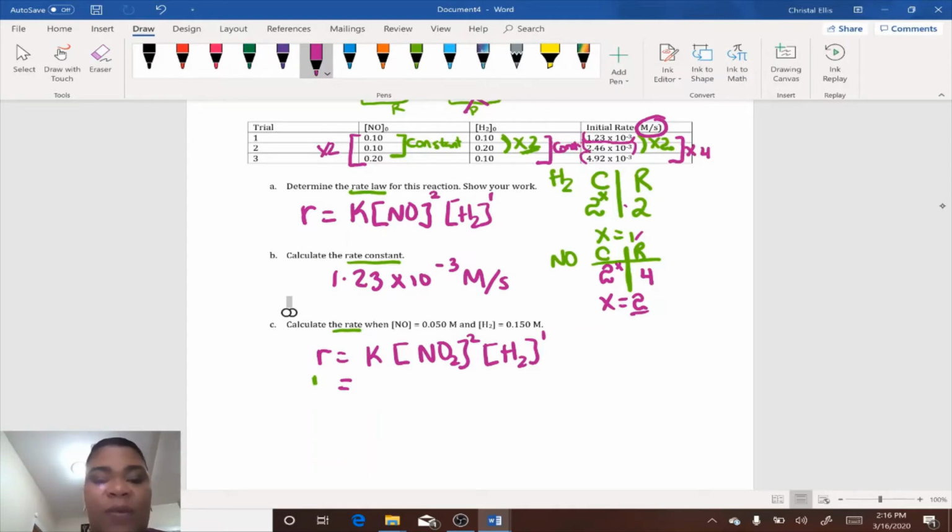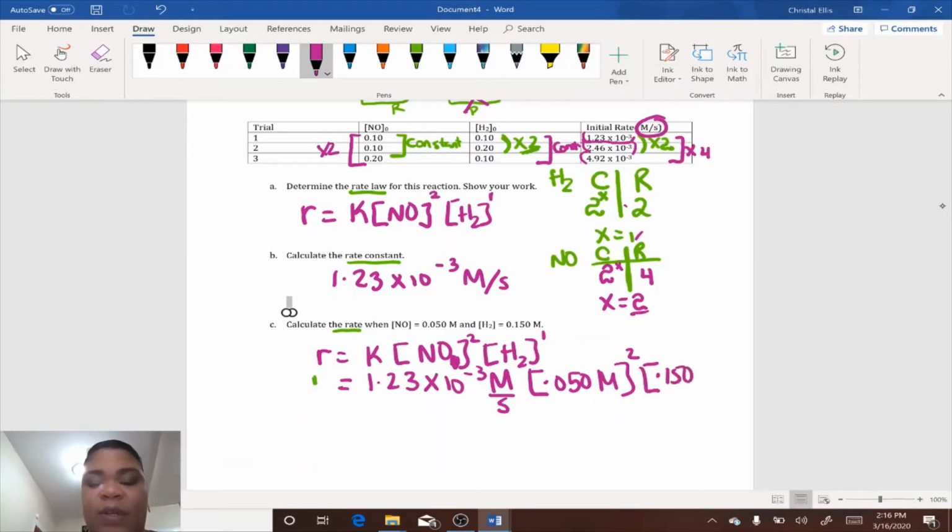We know from part B that the rate constant K is 1.23 times 10 to the minus 3 molar concentration per second, and we know that the concentration of NO is 0.050 molar concentration, and we're squaring that. And then the concentration of H2, which is 0.150 molar concentration raised to the first power.